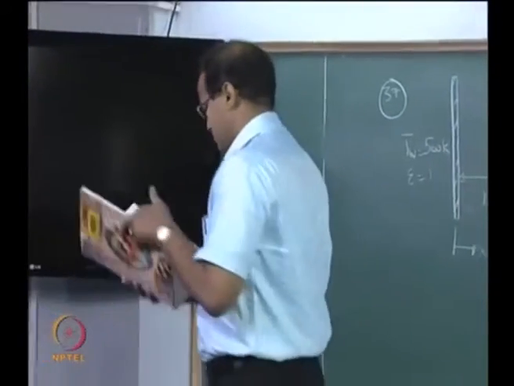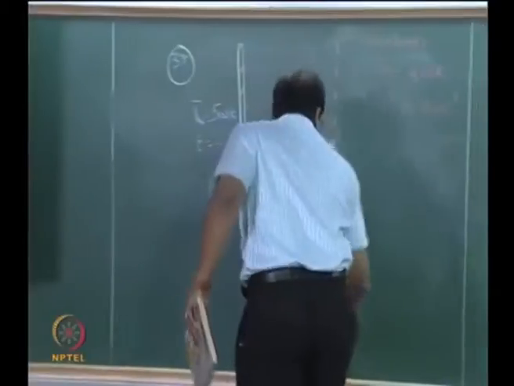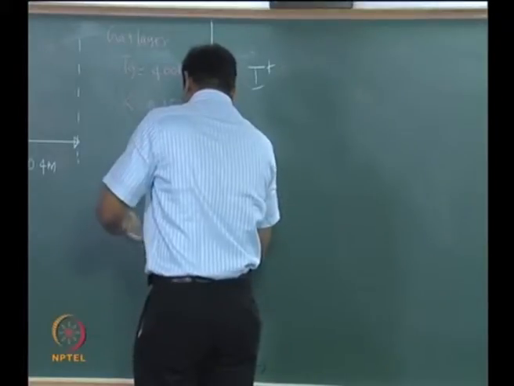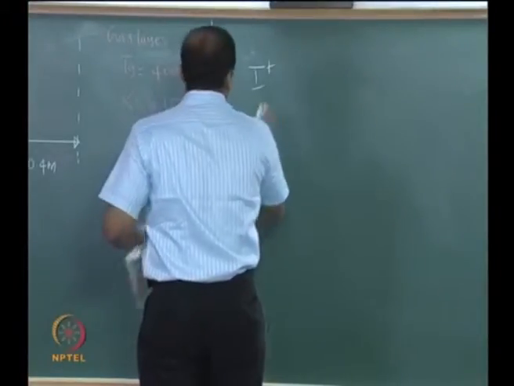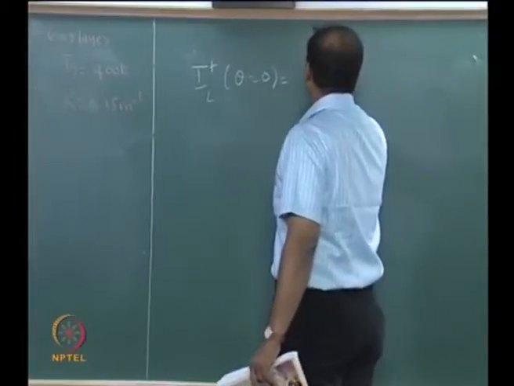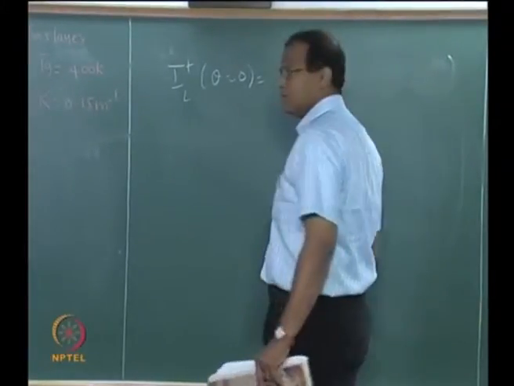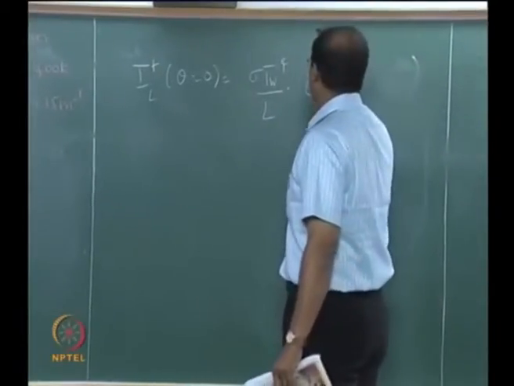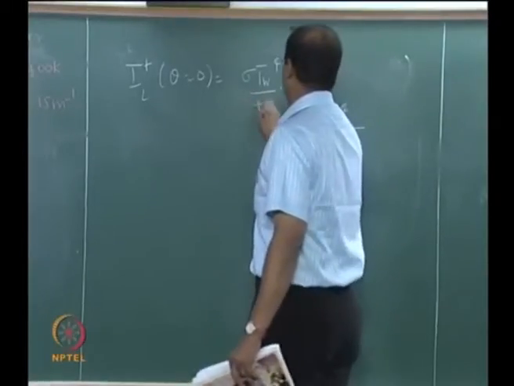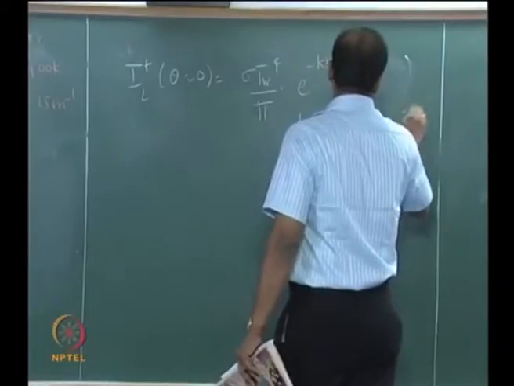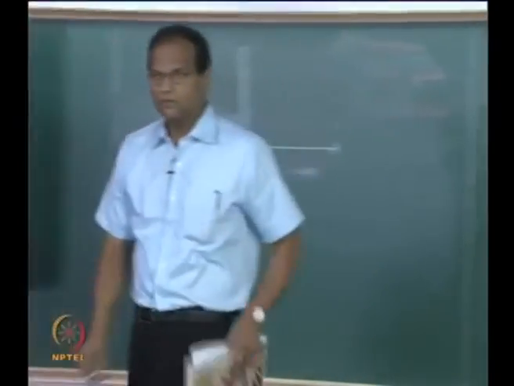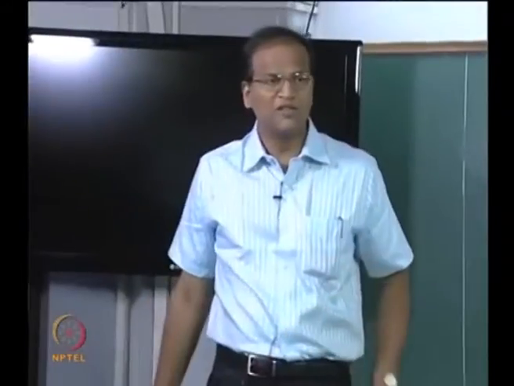Now we can straight away start getting the solution for theta equal to 0, I plus L, sigma, e to the power of minus KL.